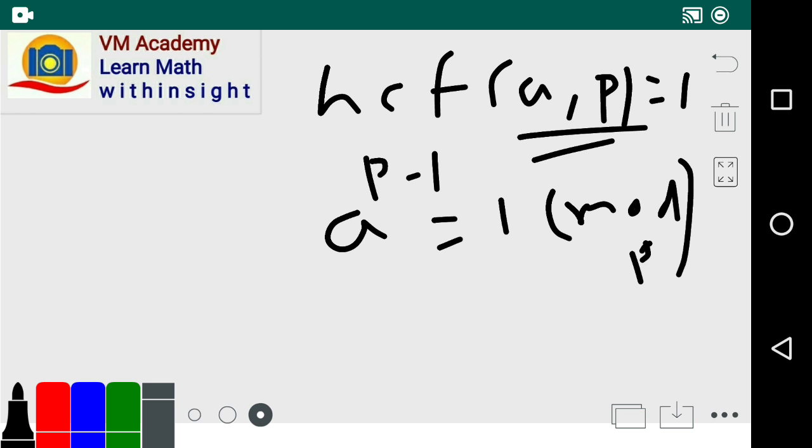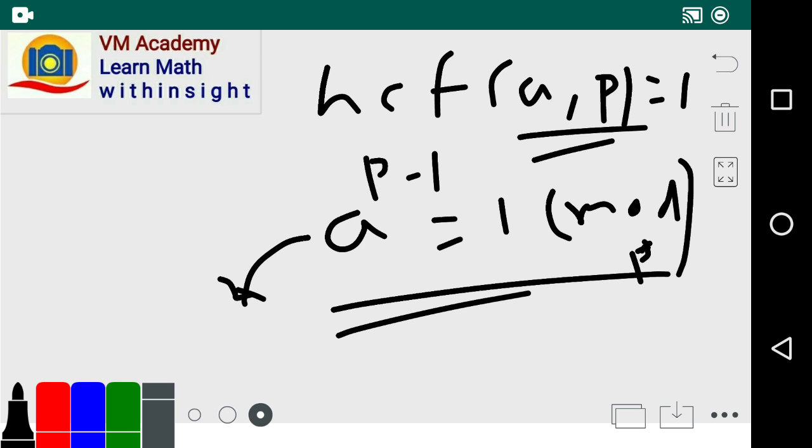This was Fermat's little theorem, and Euler gave a general version of it by using the totient function.